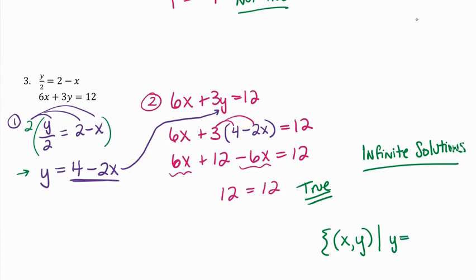So y equals 4 minus 2x. But you could do the y over 2 equals 2 minus x. You could put the 6x plus 3y equals 12. It does not matter which equation you write there, just as long as you write the equation. So the answer to this one would be an infinite amount of solutions because it's all the ordered pairs that satisfy that line, that are on that line, y equals 4 minus 2x.